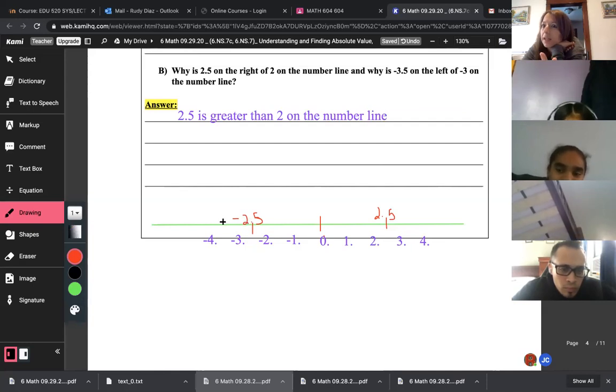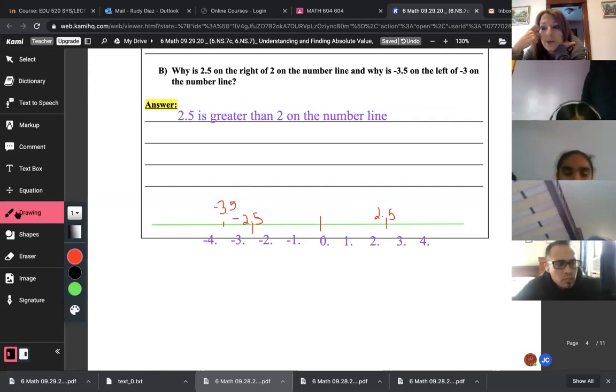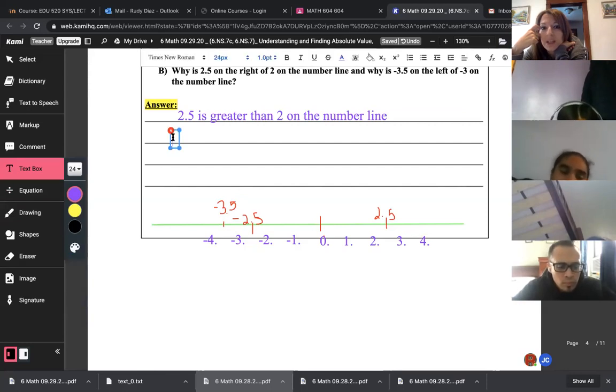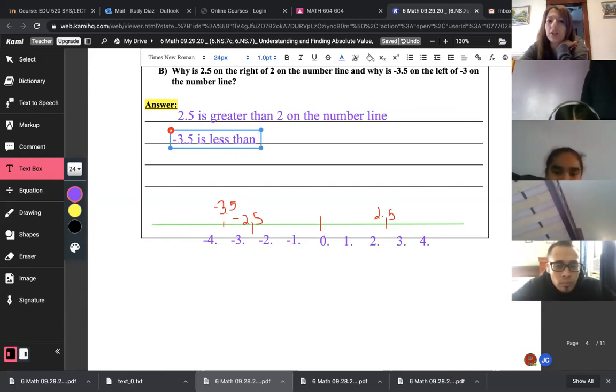But we're dealing with a negative number. So my question to you is, would you rather owe me $3 or would you rather owe me $3.50? $3. Right. So therefore, negative 3.5 is what to 3? You just said it. Is it less than? There you go. It's less than 3 on the number line.